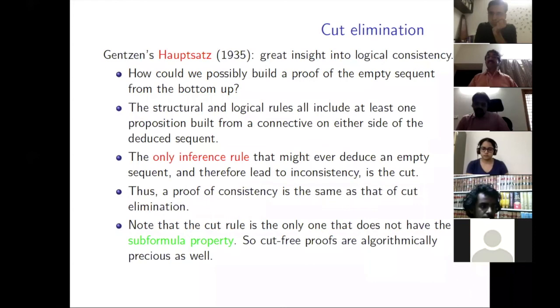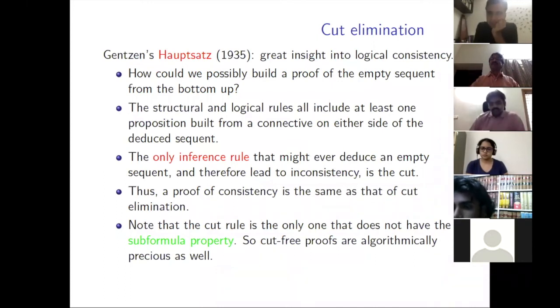For proof search, this is very important, because if your system has the subformula property, in fact, this is something that Suresh and I have been doing as a cottage industry for many years now. For many of our results, the proof bounds use the subformula property to show that I can do the proof search efficiently.